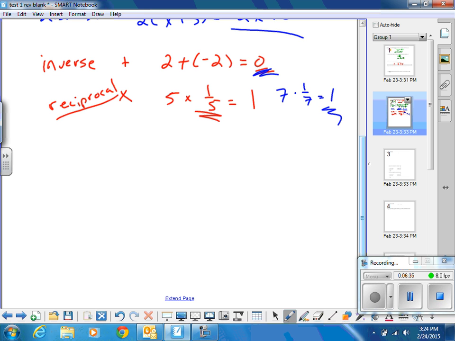So the identities, and then we have the additive. The additive identity is what number can you add to anything and still get the same number. So if I had 10 plus blank equals 10, what number is that? Well, that number is 0. That is the additive identity, okay?